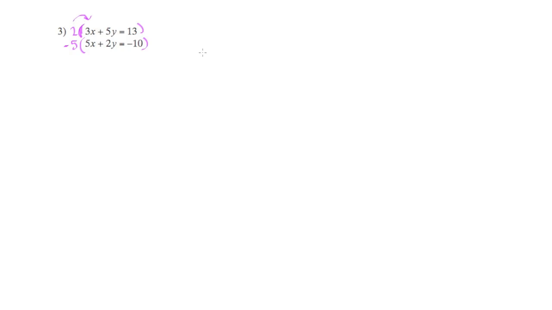So 2 times 3x is 6x. 2 times 5y is 10y. 2 times 13 is 26. Negative 5 times 5x is negative 25x.